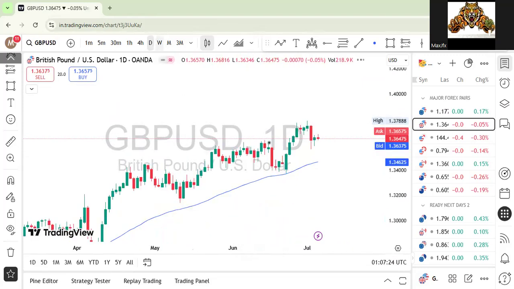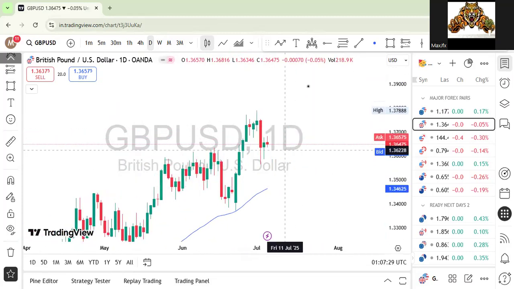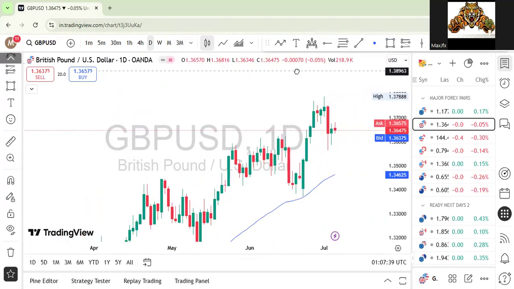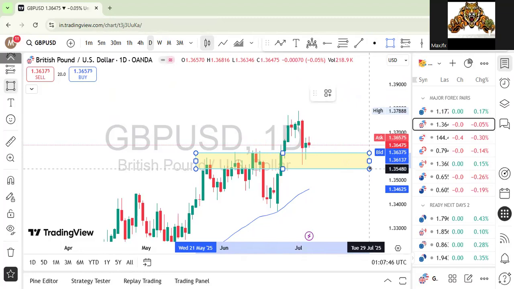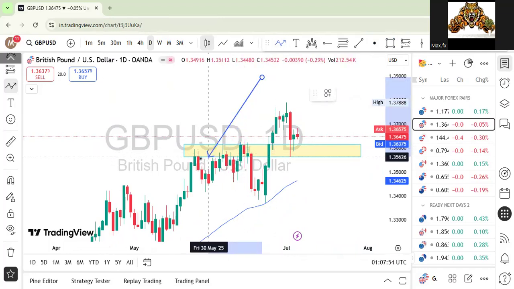So we are going to look for zones on the daily. The zones too must be at least three touches. Okay, so there's a zone right here. Remember we use the body of the candles. So I can see a zone right here. I can see one touch, two touch, three touch.